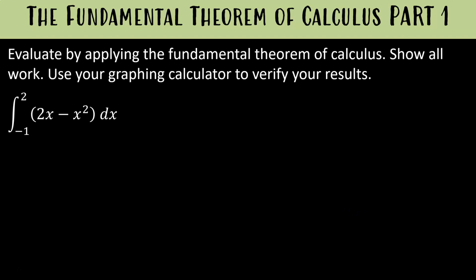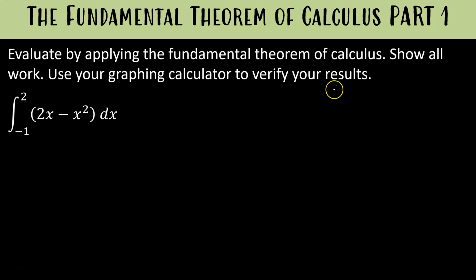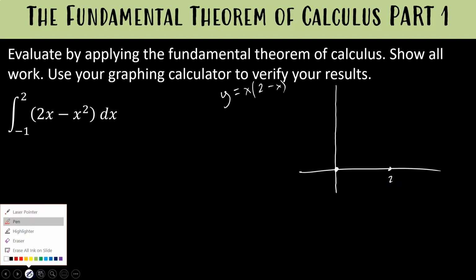So how do we read this? The definite integral from -1 to 2 of 2x minus x squared dx. Well, maybe we can kind of sketch to see what we're supposed to get. So let's see. Y is equal to, let's see, we can factor out an x and 2 minus x. So we're trying to draw a parabola that has a root at 0, a root at 2, opens downwards.